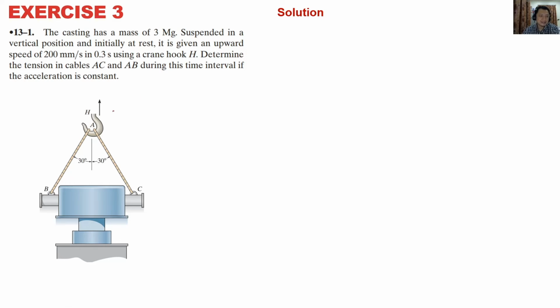Okay, let's take a look at it again. 3,000 kilo. It's given an acceleration. So what is the acceleration? Upward velocity 200 mm per second, 0.3 seconds. So you can use this formula: V is equal to V0 plus AT.